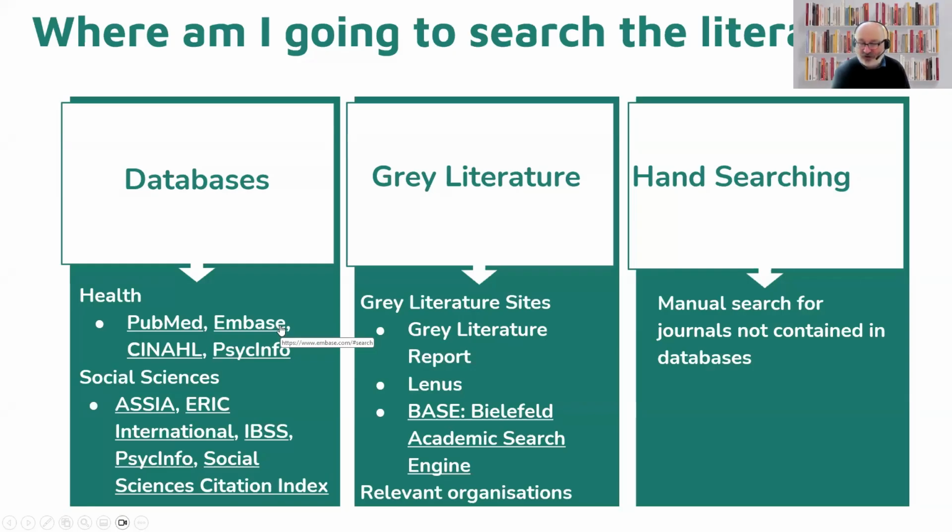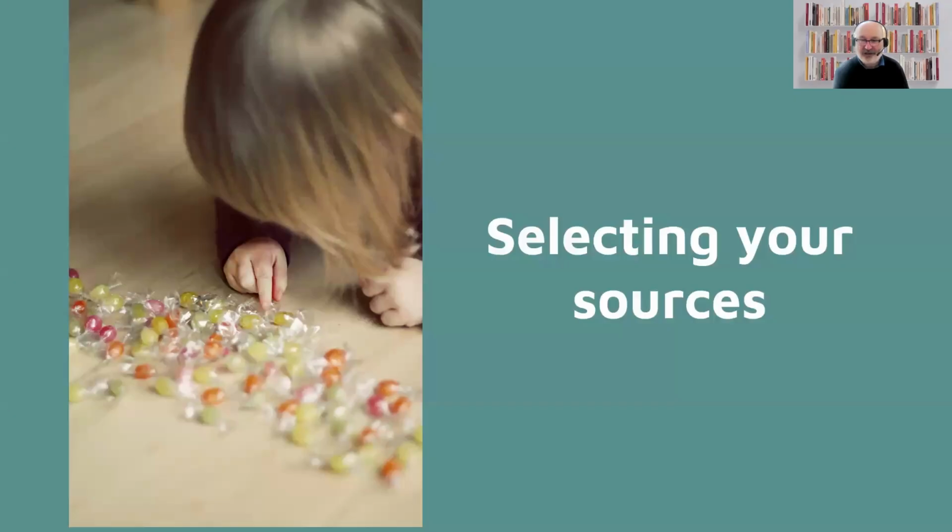For health, some of the standard ones we see are PubMed, Embase, CINAHL, PsycInfo. Social Sciences: ASSIA, ERIC, PsycInfo, Social Sciences Citation Index. For grey literature: Grey Literature Report, Lens, BASE, Bielefeld, and then as we talked about, hand searching and looking for journals not contained in the databases.